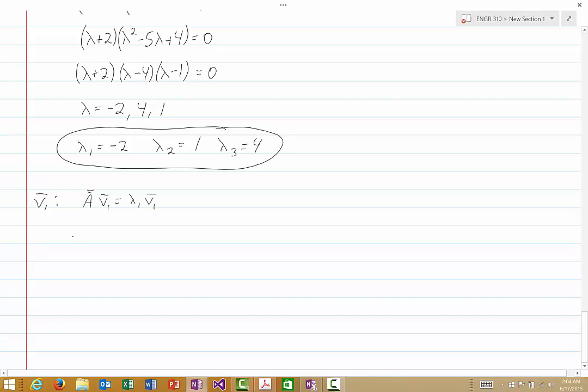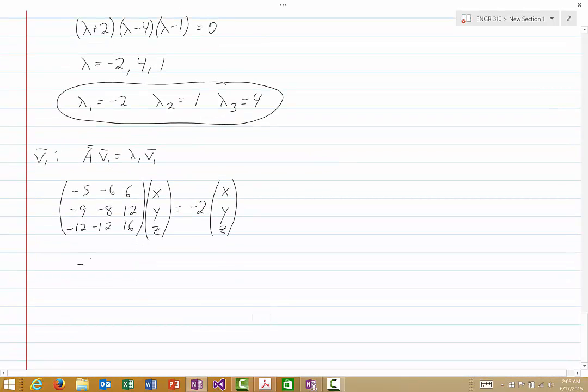And so this is the matrix with rows minus 5, minus 6, 6; negative 9, negative 8, 12; minus 12, minus 12, 16, times x, y, z, equals negative 2 times x, y, z.